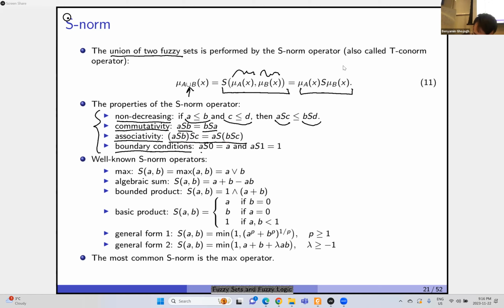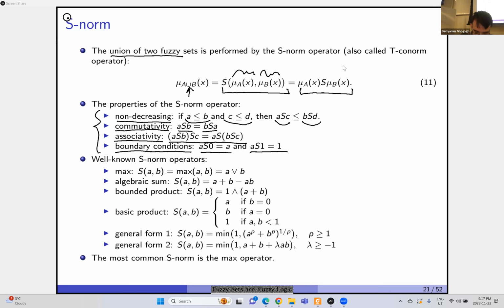Bounded conditions. Now you tell me. You can see S norm kind of as upper bound. AS0, 0 is nothing, false. So it becomes A itself. But AS1, 1 is greater, upper bound. So it becomes 1. Right?